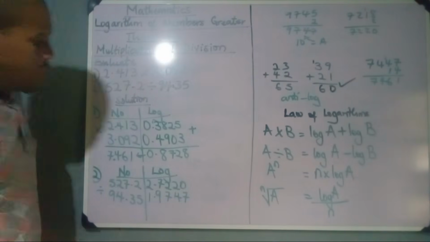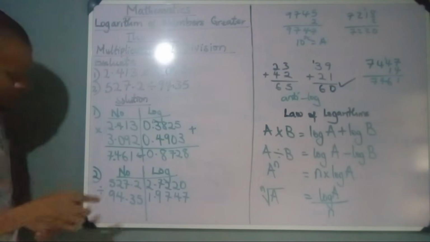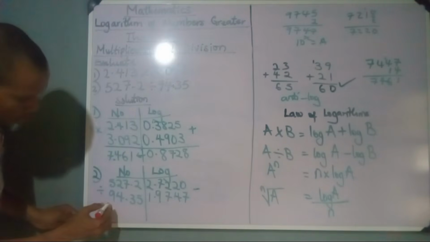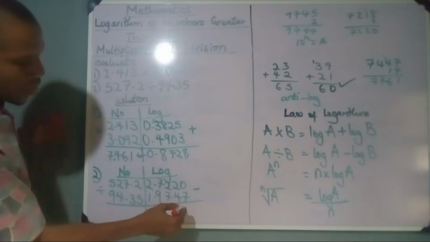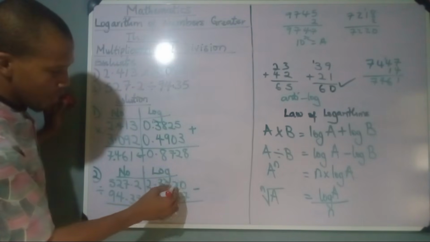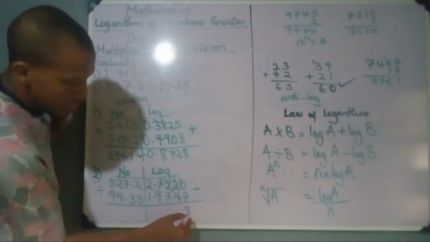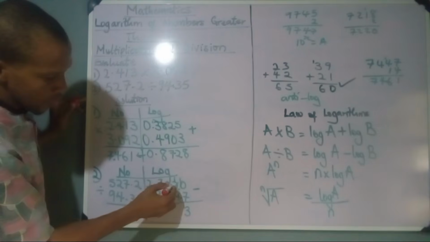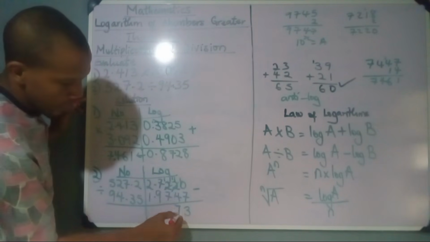9747. Now, don't forget, in logarithm of numbers, when we're dividing the numbers, it's the same thing as subtracting the logs. So we're going to subtract this, and that will be giving us 0 minus 7. We take 1 from here, so 10 minus 7 is 3. 1 minus 4 can't go, I take 1 from here, 11 minus 4 is 7.